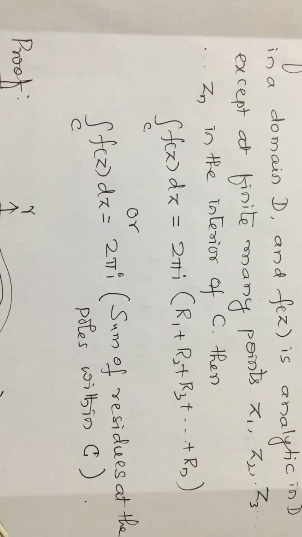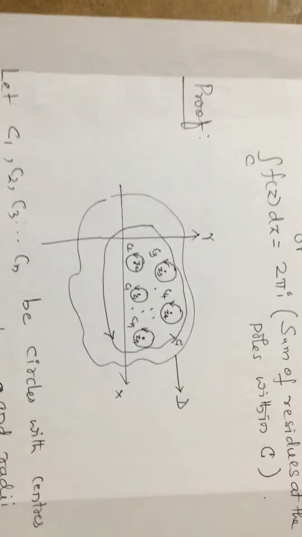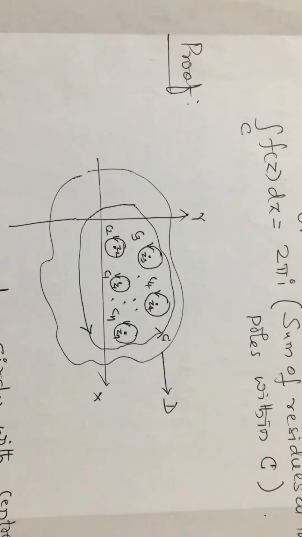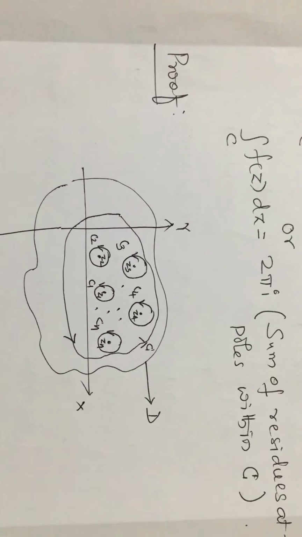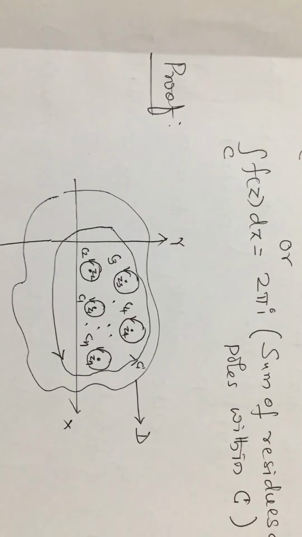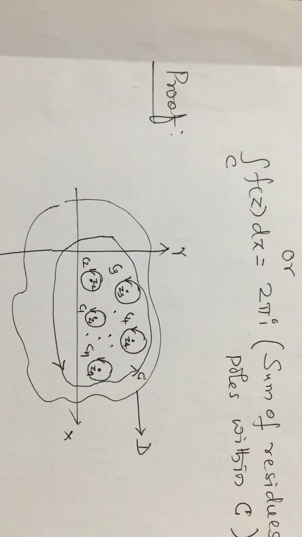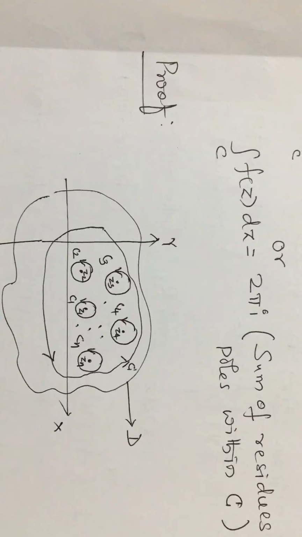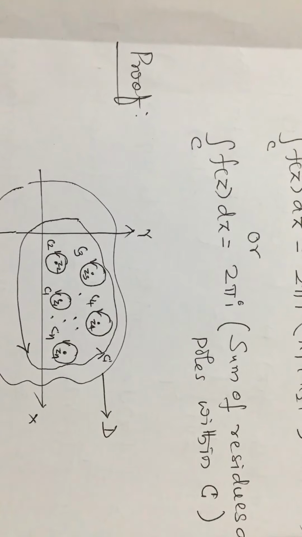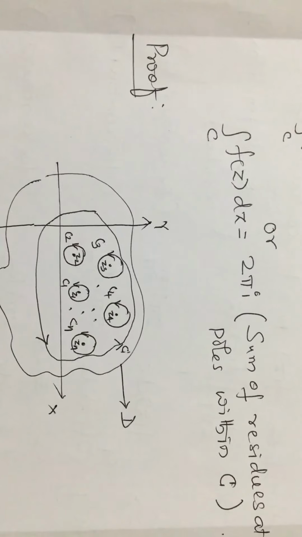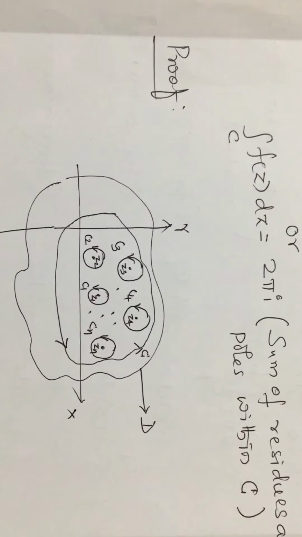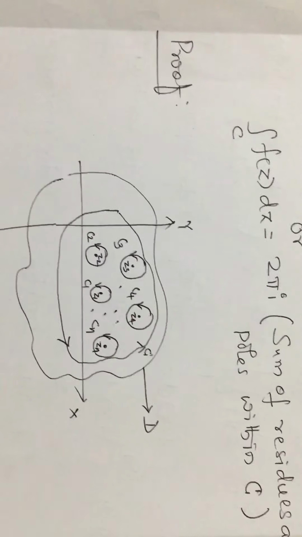Let us move to the proof of this theorem. See, this picture is showing the domain D. Within domain D there are some circles having different radii and different curves inside D, and all the small circles are included in the contour C. You are seeing this contour C here, covered by the domain D, and it has been drawn along the x and y axes.